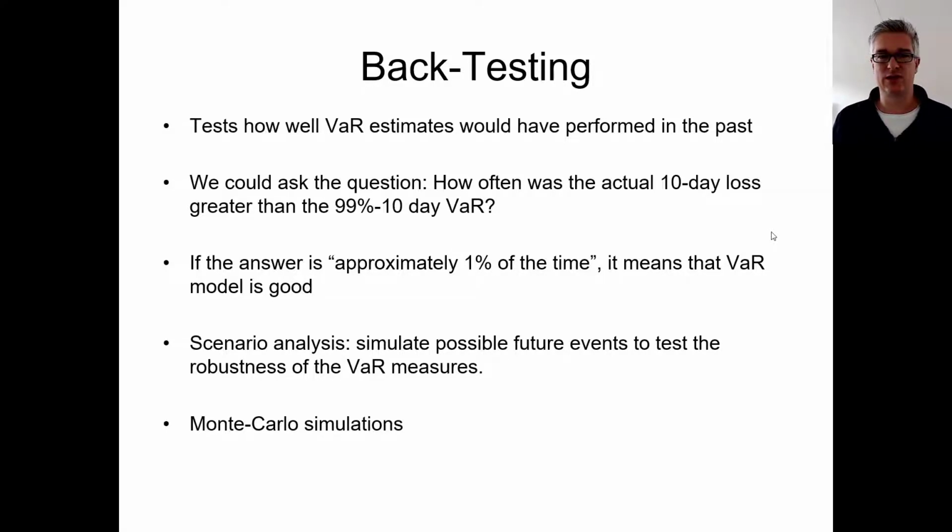Where you simply test, suppose I have a certain value at risk for 10 days, then we can ask ourselves, if we take 100 observations and we want to know this 99% 10-day value at risk, then we can see how often is this value at risk number exceeded. Well, if I have 100 observations and it's exceeded once, then, well, I have pretty good value at risk model.